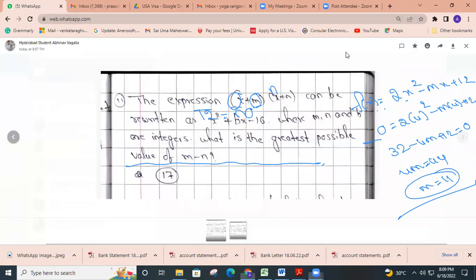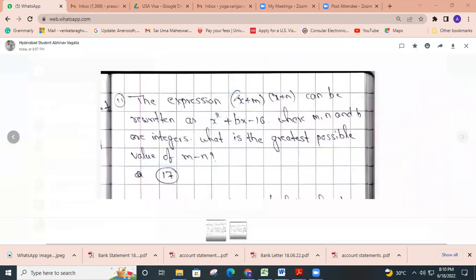The expression (x plus m)(x plus n) can be rewritten as x squared plus bx minus 16, where m, n, and b are integers. What is the greatest possible value of m minus n?